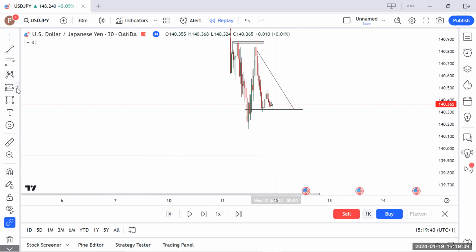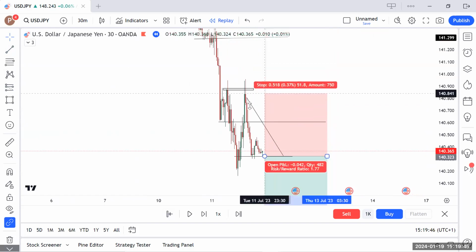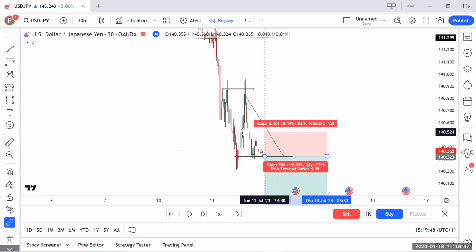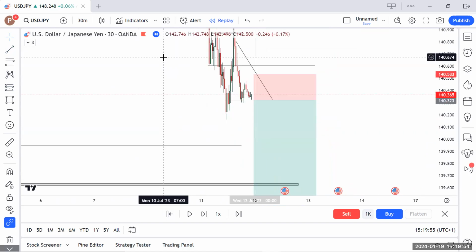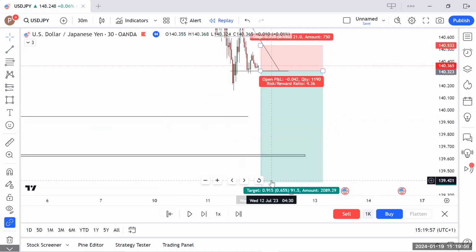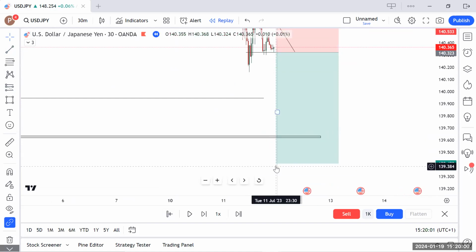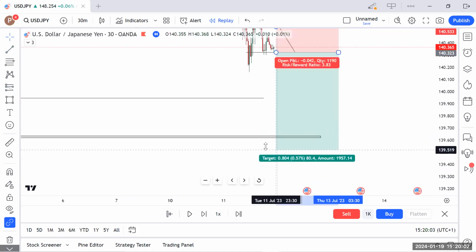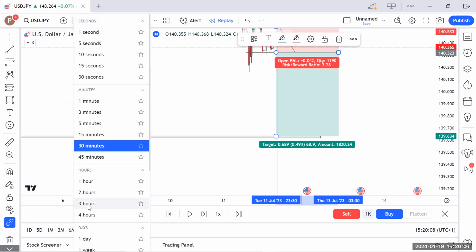So stop loss right above the wicks, and our take profit was at a previous support zone, a previous support zone where we were able to see demand.